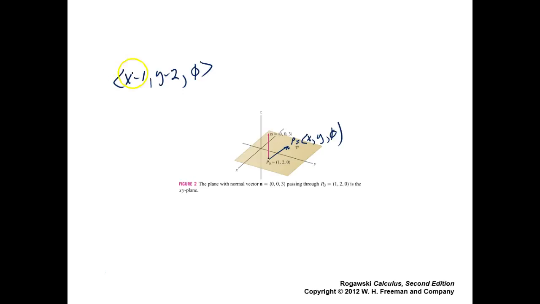And then you want to dot this with 0, 0, 3. That is guaranteed to be 0. Why? 0 times this, whatever that is, is 0. 0 times this, whatever that is, is 0. And 3 times 0 is 0. So yeah, that's 0. So that means this has to be the equation of the plane.